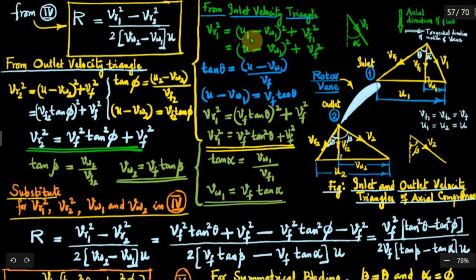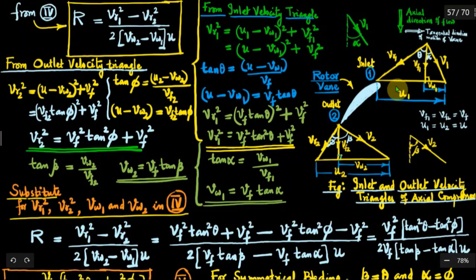Now we can get rid of the suffix for U1 and VF1, because after all U1 is equal to U2 is equal to U, and VF1 is equal to VF2 is equal to VF. But don't change the suffix of VW1, because VW1 and VW2 are distinct. So you will get U minus VW1 whole square plus VF square. And again, find tan theta, the tan of the vane angle at inlet.